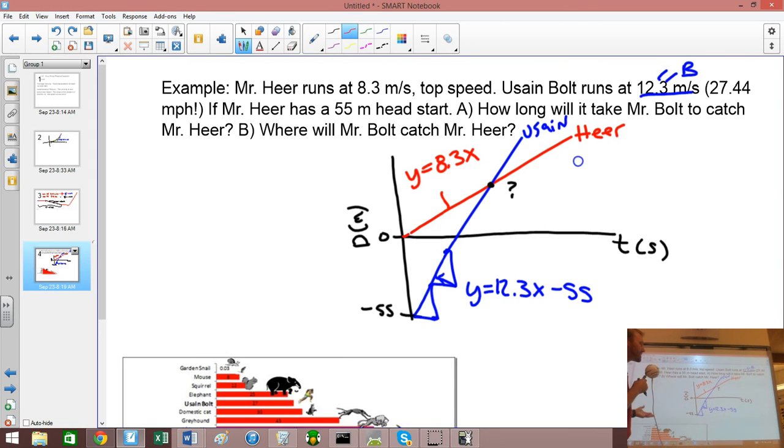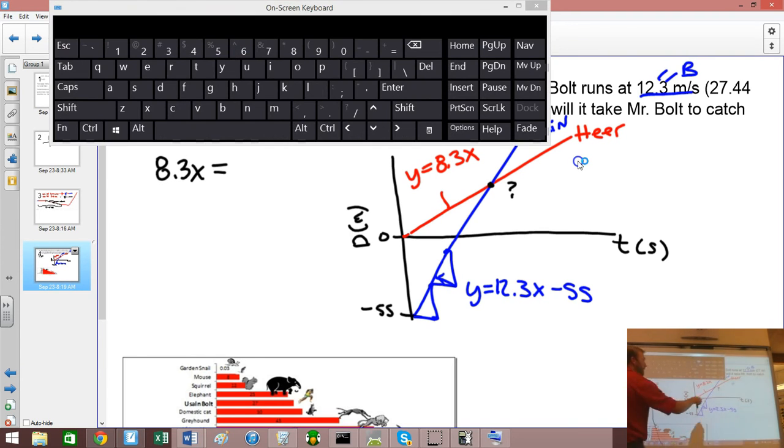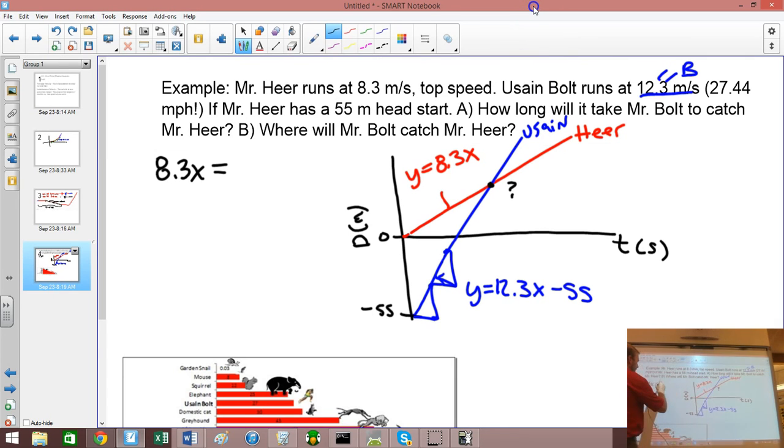So the real question is, when do these two things equal each other? You can very simply say, where does 8.3x equal 12.3x minus 55? So you solve this. You take 8.3 minus 12.3, and that's going to be negative 4.